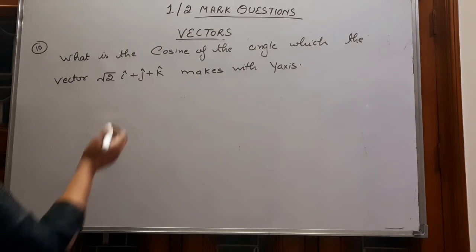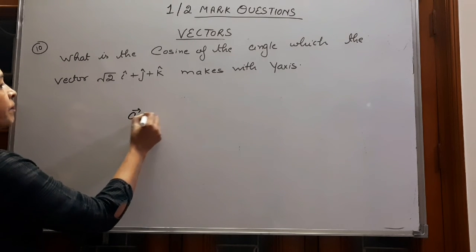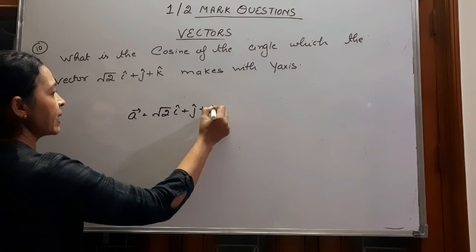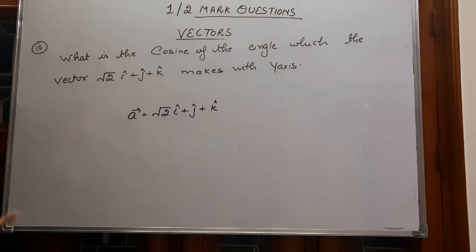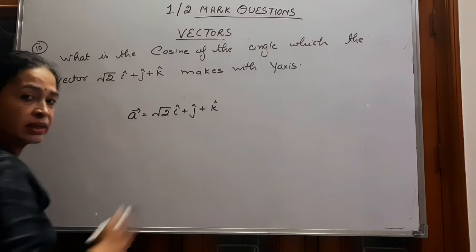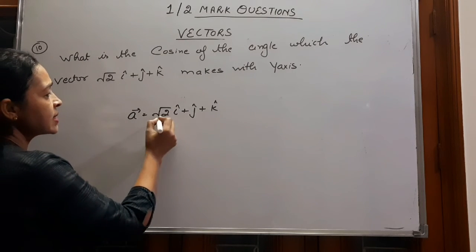What is the cosine of the angle which the vector, this is vector A, root 2 i cap plus j cap plus k cap, makes with the y-axis? An angle which the vector makes with the y-axis, that will be some angle theta, cos of something.